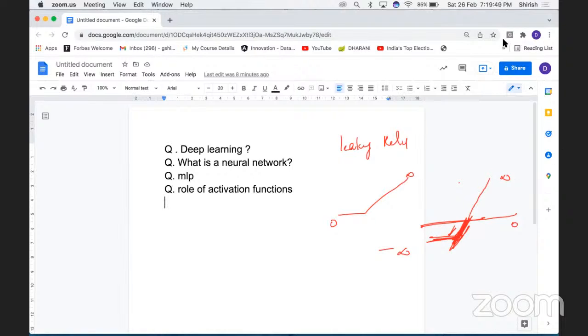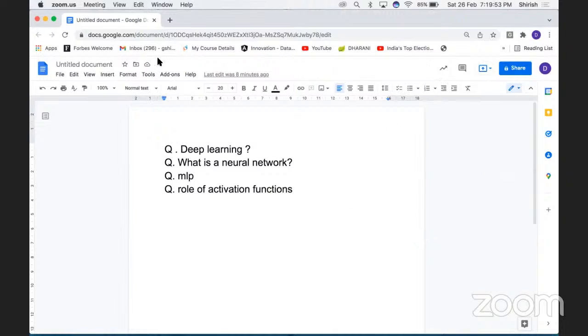Okay, there's a new term now. What is a loss function? What is an activation function? What is the difference here? What is a cost function?